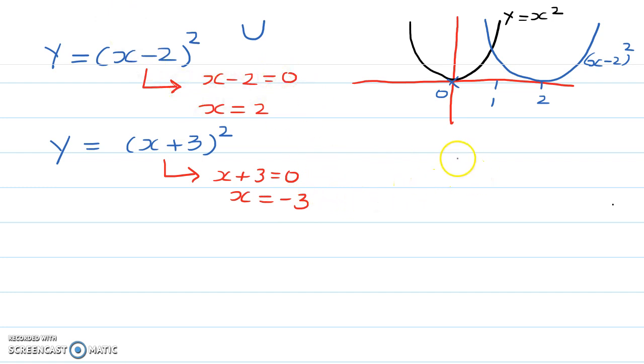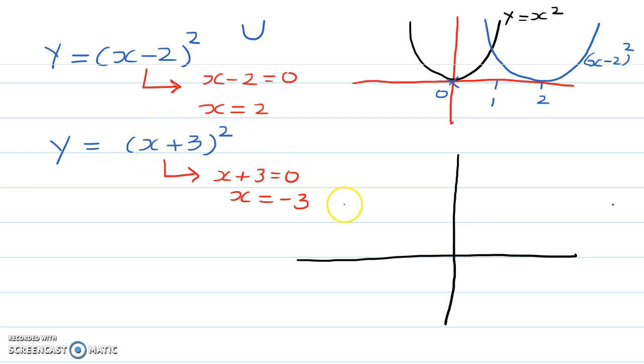You decide whether it is U shape or reverse of U shape. Definitely it is U shape, because once you expand it, x square is positive. This is our original curve in black ink, y is equal to x square. Now this graph is shifting 3 units.